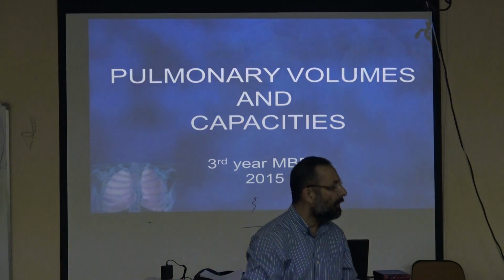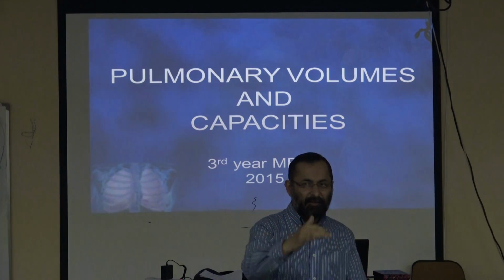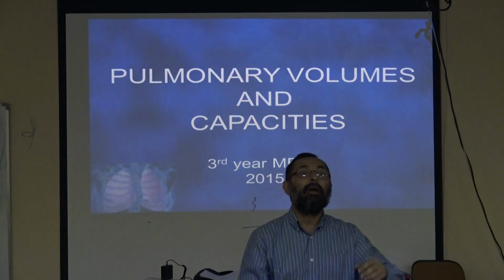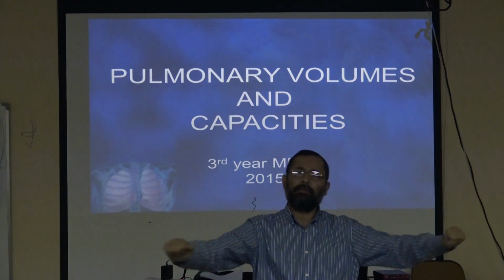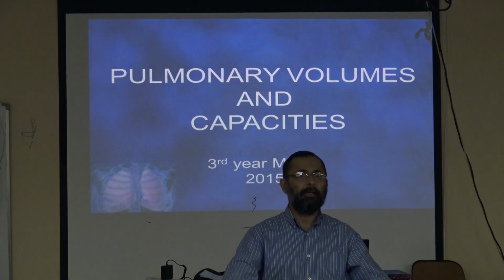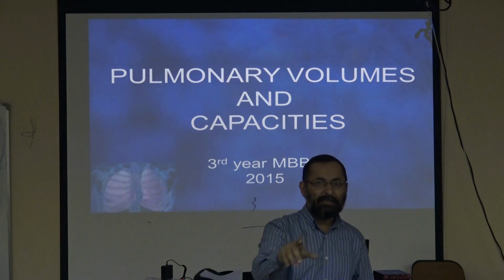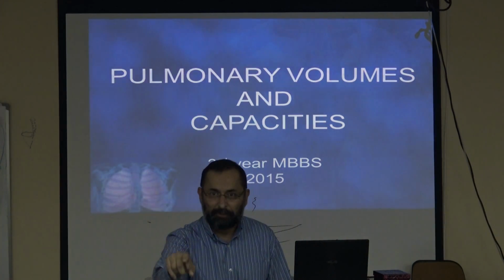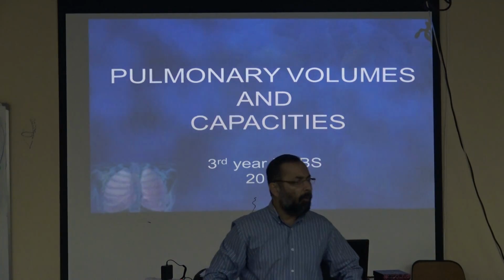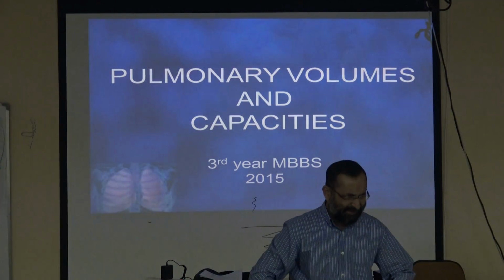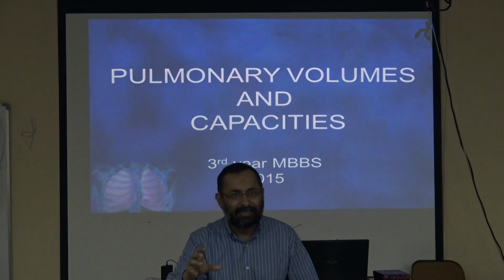Exactly. Okay? I am talking about the average value, 150 ml, but it generally matches with your weight in pounds. If you're not a very obese person, you are an average person, then once you become an adult, whatever is your weight in pounds, for example, if my weight in pounds is 170 or 160, my dead space volume will be approximately 160 ml or 170 ml.